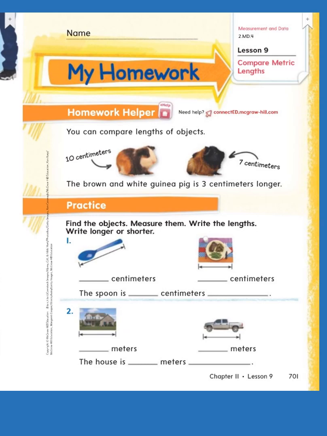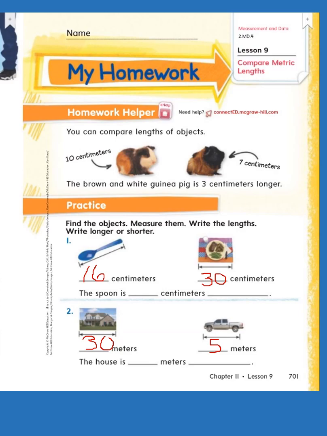So for number 1, let's say the spoon is 16 centimeters. And this lunch tray is 30 centimeters. For number 2, let's say the house is 30 meters. And the truck is 5 meters. Okay, and then you'll complete the sentence underneath.